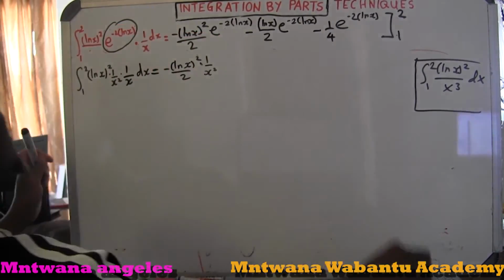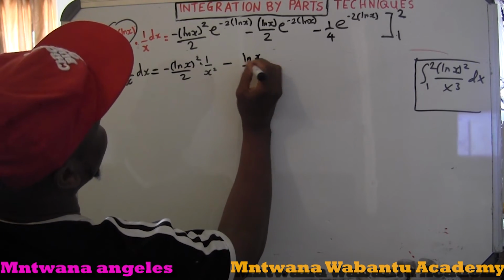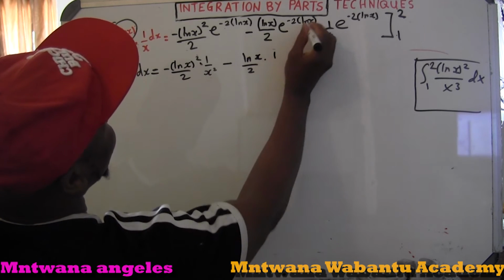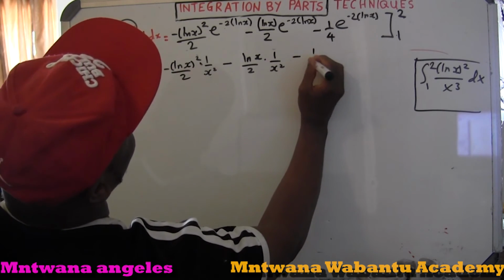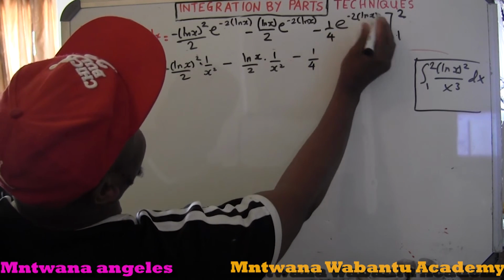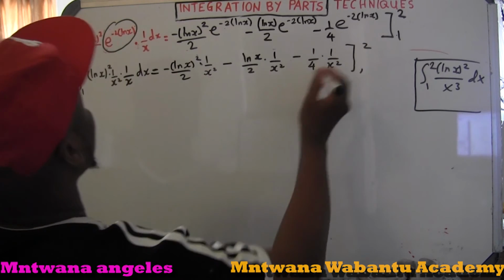Okay, now you come back for the second one. ln of x over 2, and this is going to be 1 over x squared minus 1 over 4. And all this is going to be the same thing, 1 over x squared. Our limits go from 1 to 2.